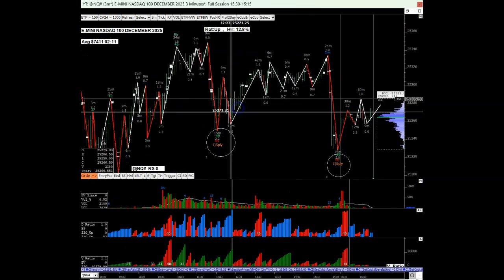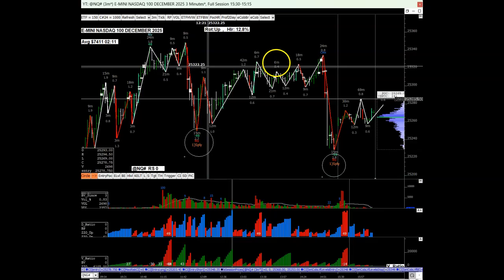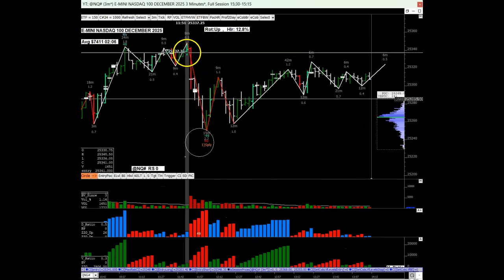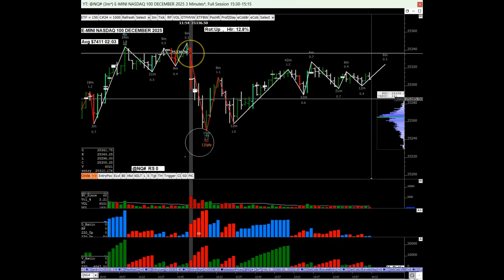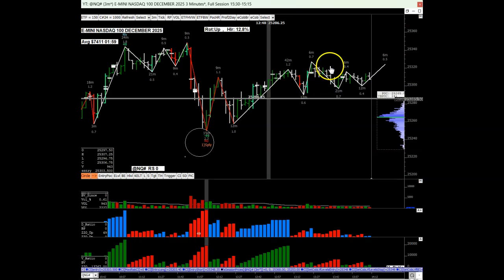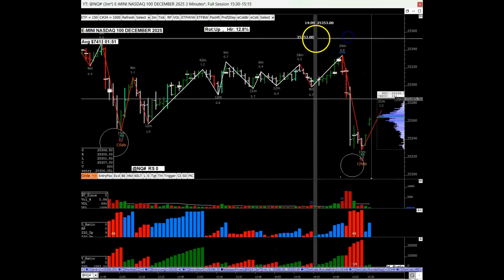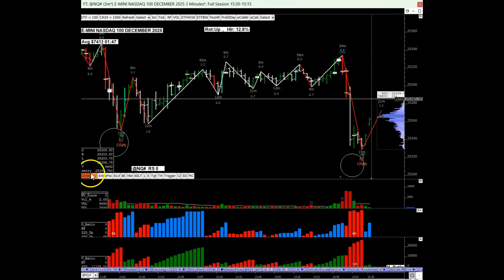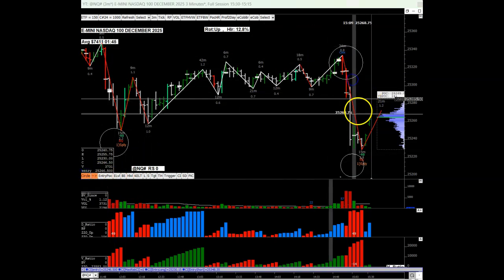It didn't come exactly from the top here. On the top bar, it came after the top bar. But on this counter trend up, it came right here.